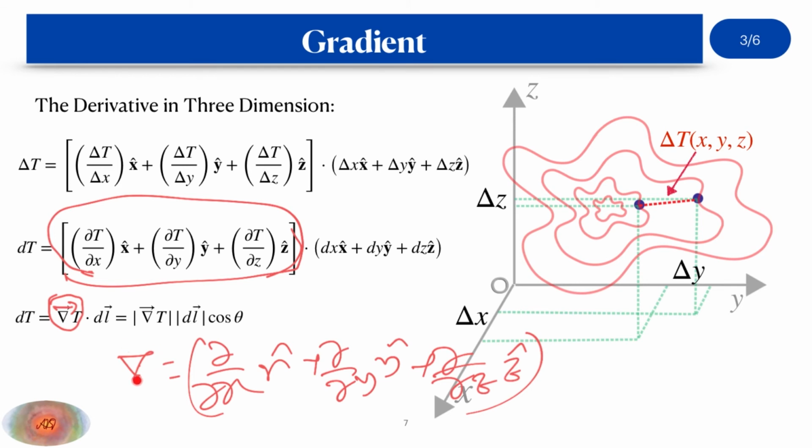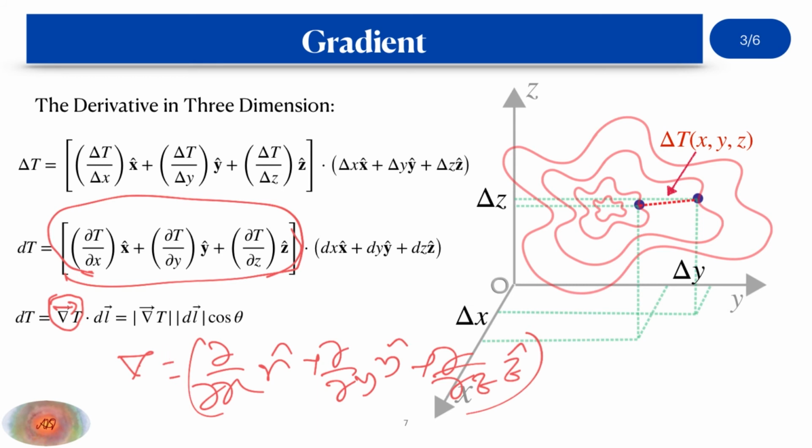But this operator is not a vector, because although there exists a unit vector, in the true sense it is the rate of change of a particular field along the x direction, y direction and the z direction. So in the true sense it is not a vector. So when we are writing this symbol separately, we should not place an arrow symbol over it, because it is not a vector in the true sense.